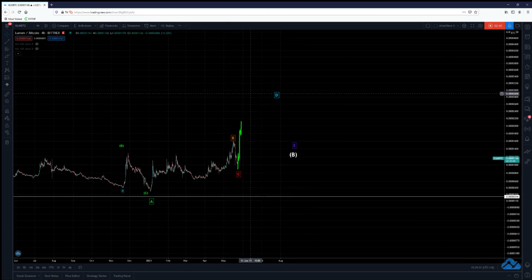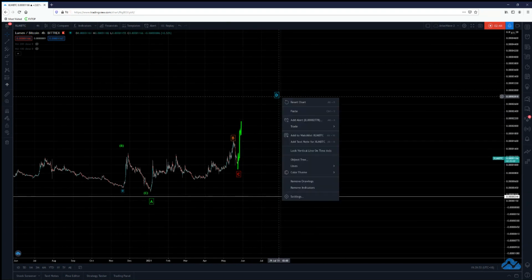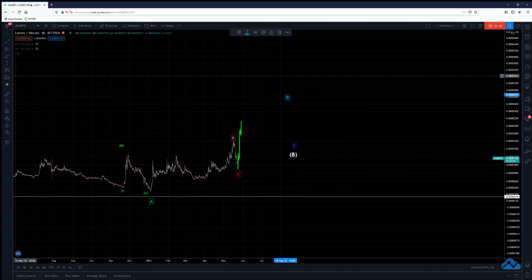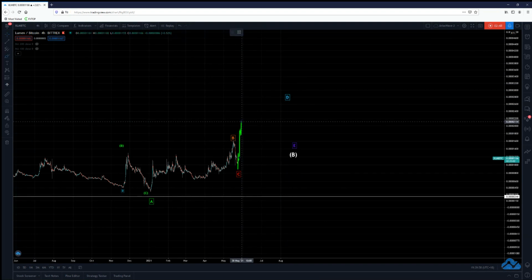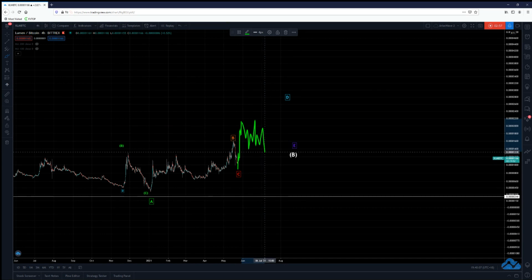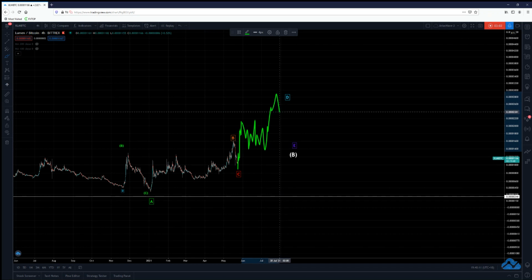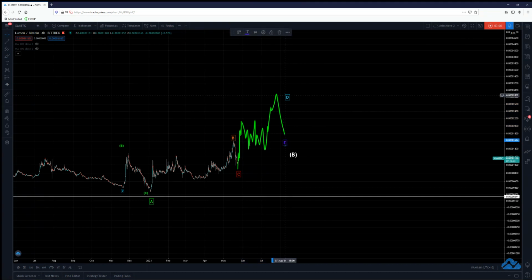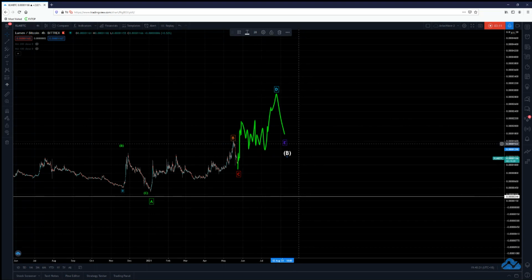So we're expecting a D and an E. Depending on how this pans out, we would be seeing the B wave correction for that particular D wave, and then the rest of the D wave before getting the E wave to complete the B wave in brackets.